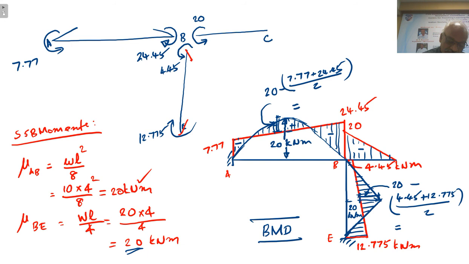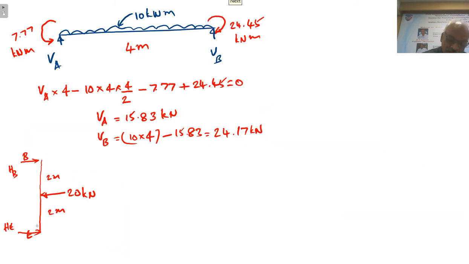Now coming to this, here 4.45 anti-clockwise, and here it is clockwise 12.775. This is 4 meters.